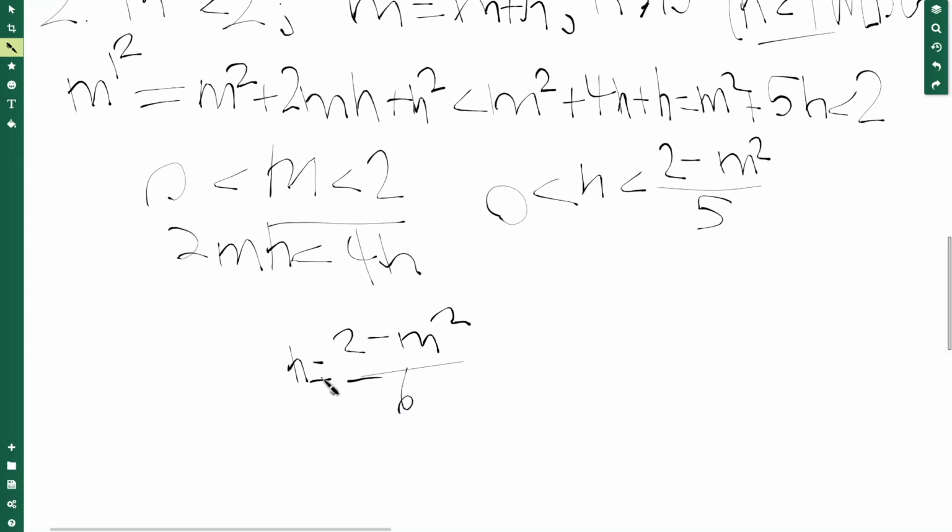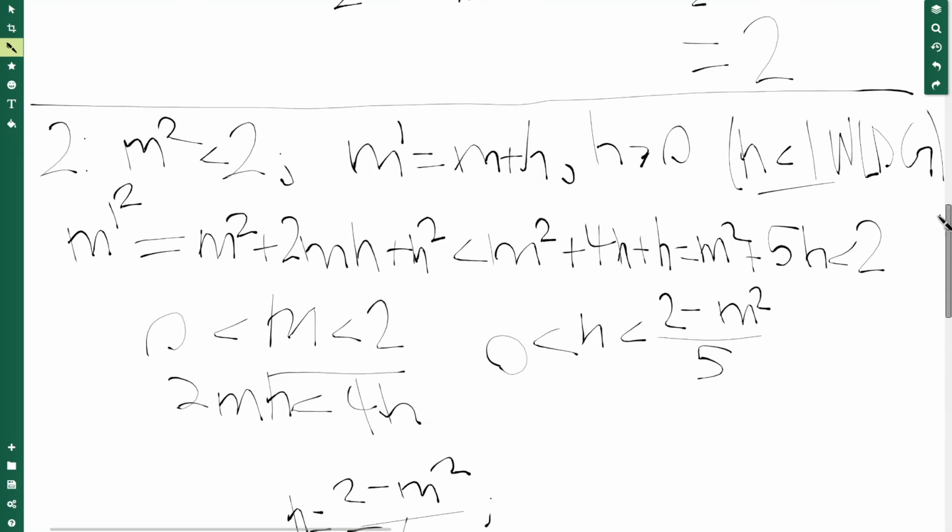Okay. So now let's take h to be this. Well, first, it's actually very easy to show that this is strictly less than this, assuming that this is true, but that's what we're assuming, right?